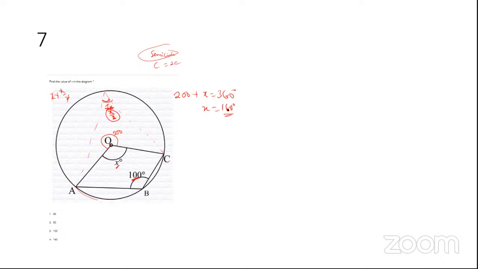Another way you can do it is to add, since 100 and x over 2 are opposite angles of the cyclic quadrilateral, you can just put that 100 plus x over 2 is equal to 180. So you can use this alternative method.